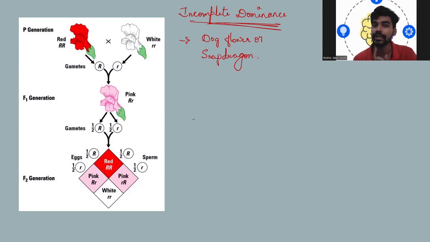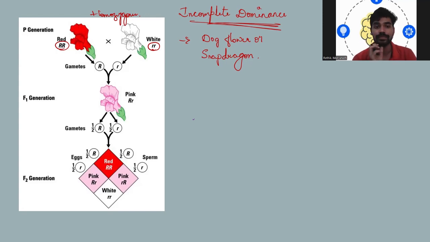In the parental generation, they have taken two homozygous flowers: one homozygous red flower and another homozygous white flower.